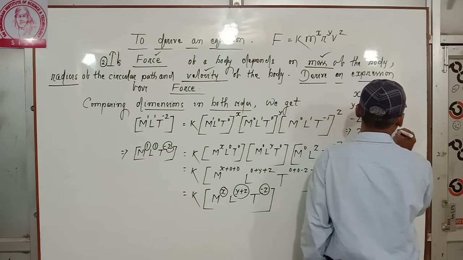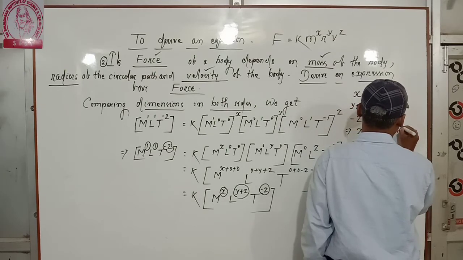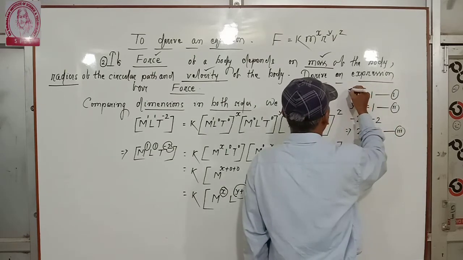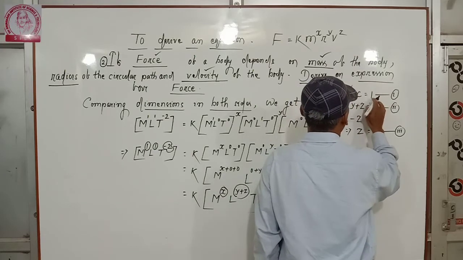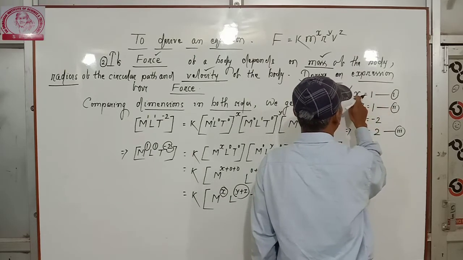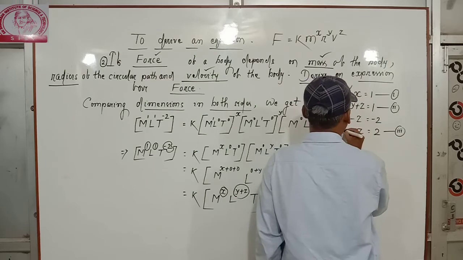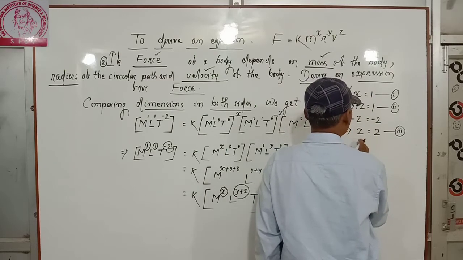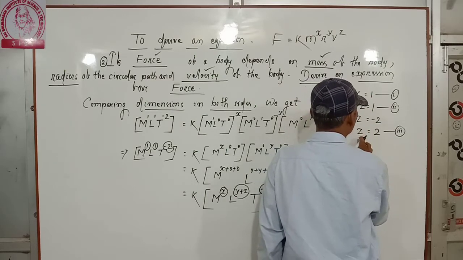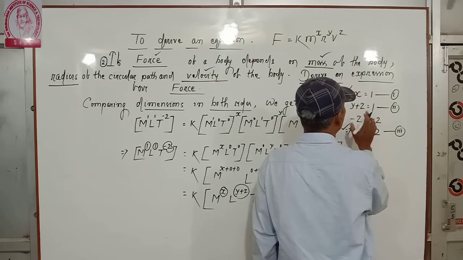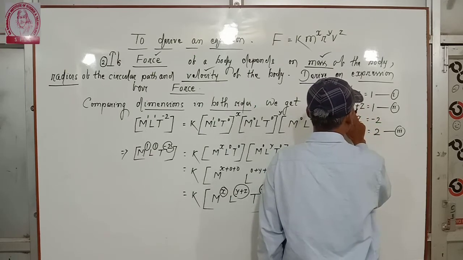This is the third equation. From the first equation directly we are getting the value of x. From the third equation directly we are getting the value of z. Now we have to find the value of y.